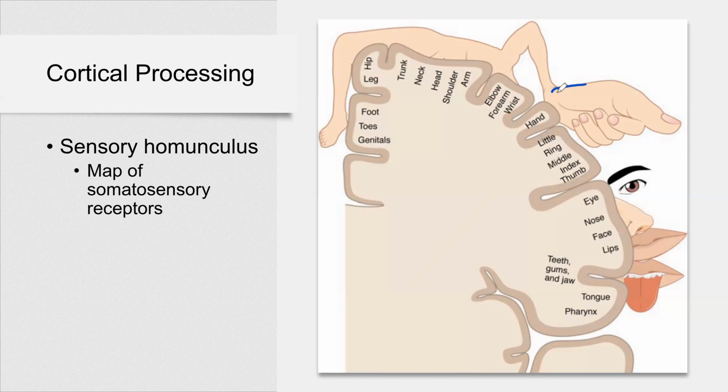And you can see the hand is so huge and fingers are so huge compared to toes. That means you have way more sensory receptors in your fingers, and a larger area of the cortex dedicated to sensation from your fingers. Now look how big your tongue is. That means lots of sensory information comes from your tongue, right?